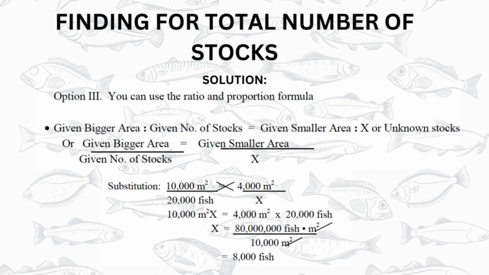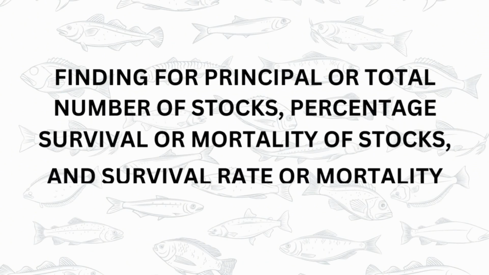Then derive the equation X is equal to 80 million fish per square meters over 10,000 square meters. Simply cancel out the same unit to get 8,000 fishes.